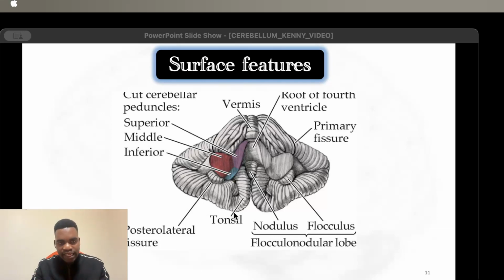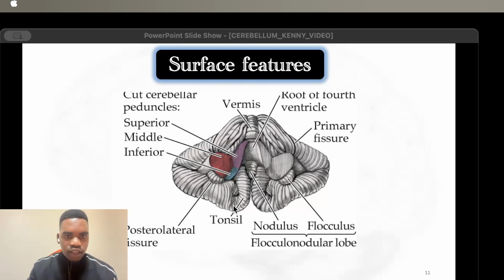They can herniate through the foramen magnum. So if you hear that someone has got tonsillar herniation, it means the tonsils of the cerebellum herniate through the foramen magnum. It's very common in compression from a space occupying lesion that results in compression of the brain.